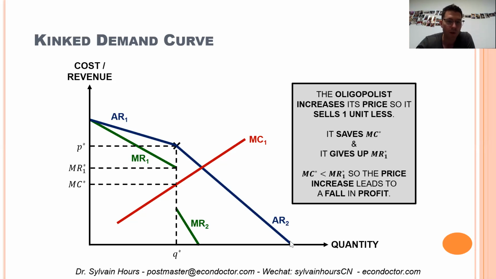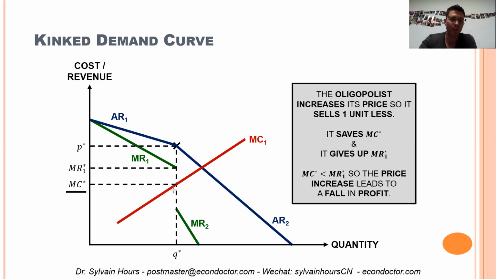And we can see that. Where is the marginal cost at Q star? It's there, MC star. Let me underline it so it's clear for everyone. So this is what we gain if we choose to raise the price to sell one less unit. But of course, if we sell one less unit, our total revenue will decrease. By what amount? If we just sell one less unit than before, my total revenue will decrease by an amount equal to the marginal revenue.